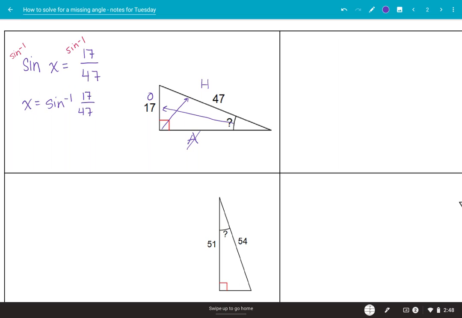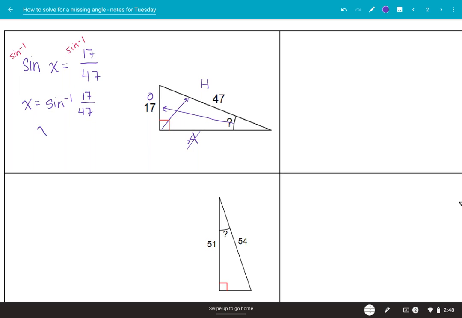And what I'd like you to do right now is take out your calculator. And to get the sine -1, you're going to push the second key, which is in the top left-hand side. It's that colored one on the very top, second. And then you're going to hit sine. So second, sine. And then just go 17, divided by 47, enter.